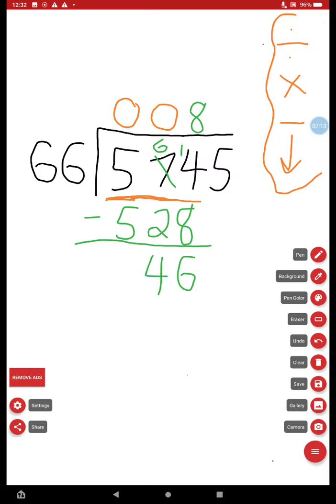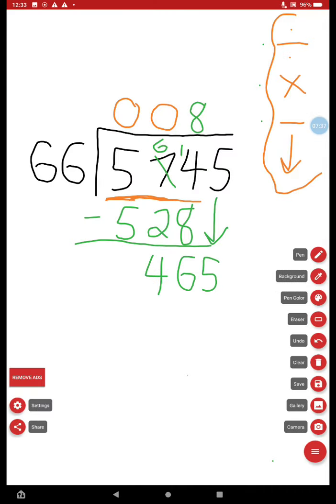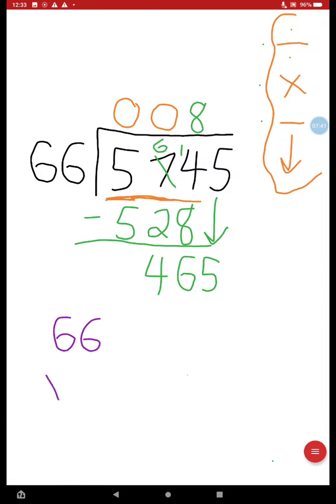5 subtract 5 is 0. All right, I divided, I multiplied, I subtracted, now I bring down that 5. So now what's 467 divided by 66? Well, I know that 5 is too small, and I know that 8 is too big. So let's try 7. 66 times 7. 7 times 6 is 42.